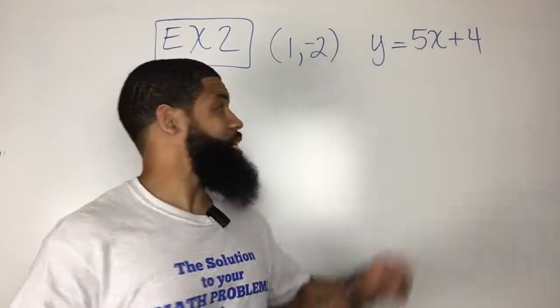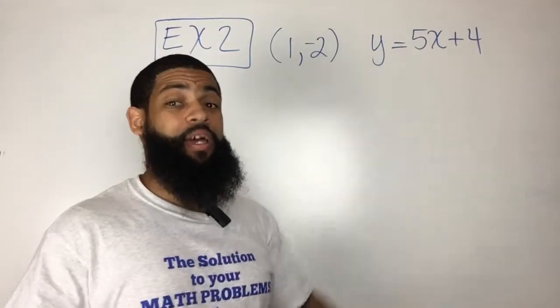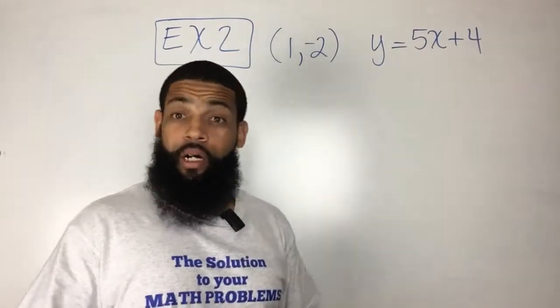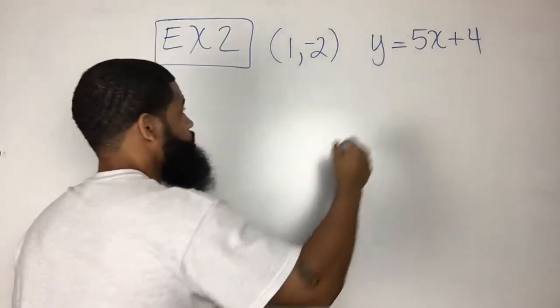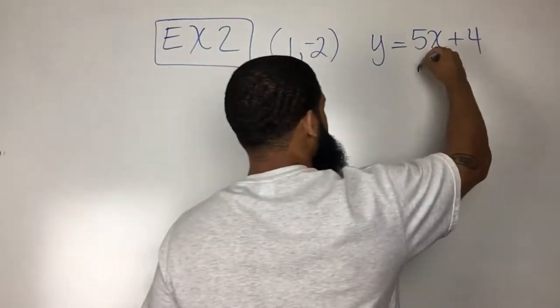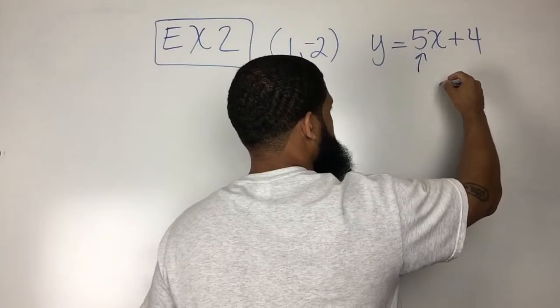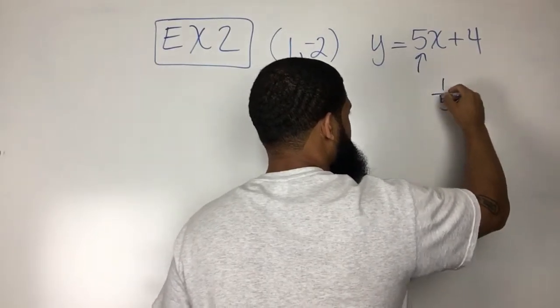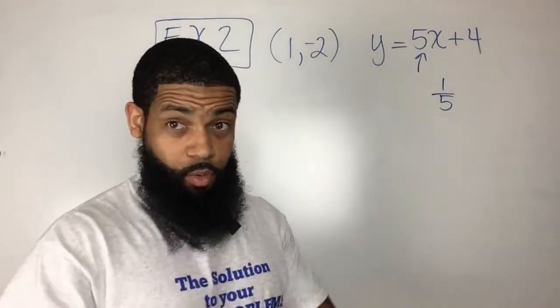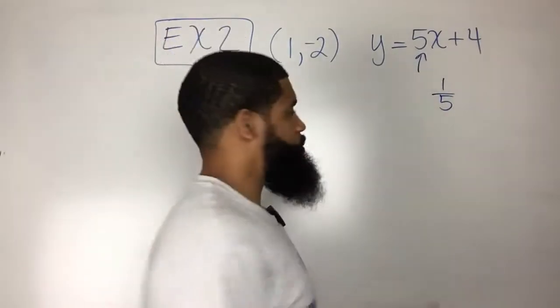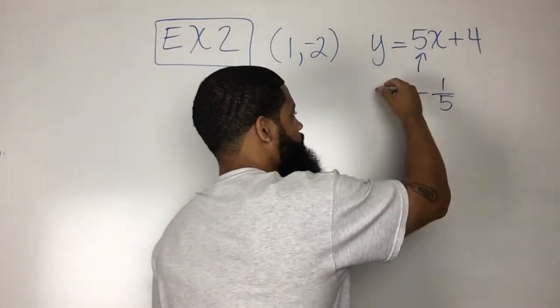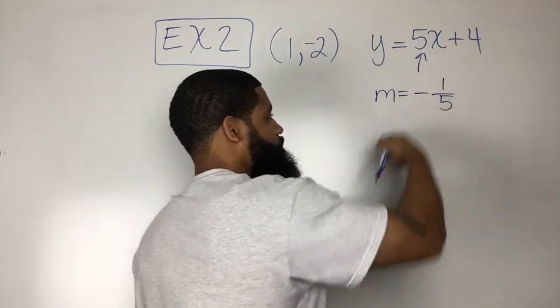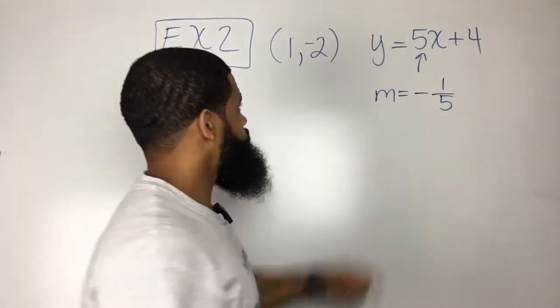So that means we need to change the sign of this slope, and we need to find the reciprocal of 5. The reciprocal of 5 is 1/5, because 5 as a fraction is 5 over 1. So the reciprocal is 1/5, but the opposite reciprocal is negative 1/5. So my new slope is negative 1/5.